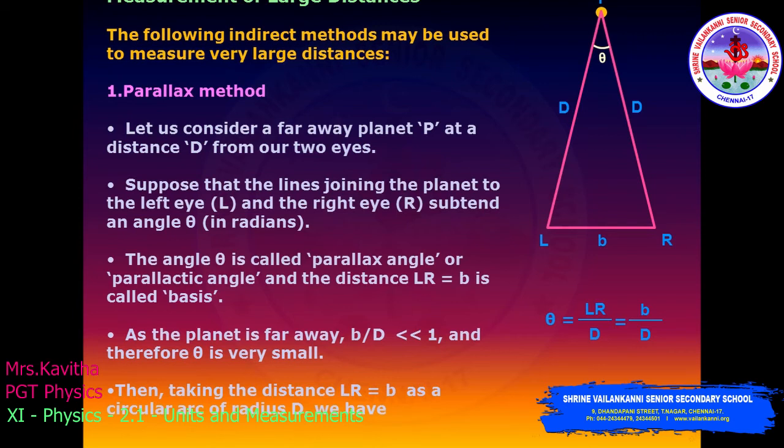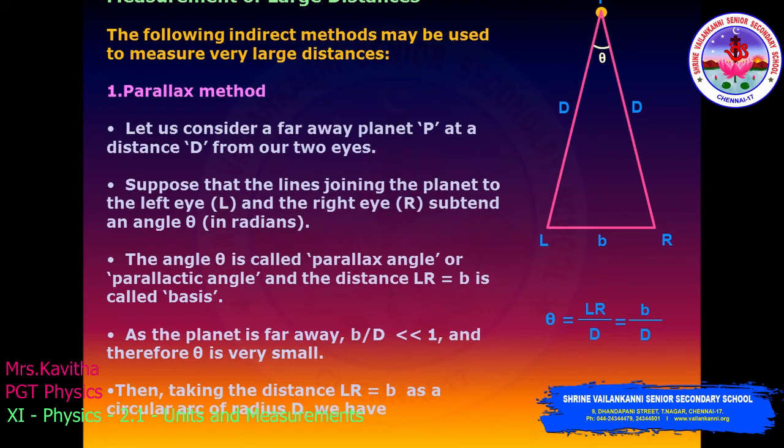Suppose the lines joining the planet to the left eye and the right eye subtend an angle theta. The angle theta is called the parallax angle or parallactic angle, and the distance LR is the basis, right?